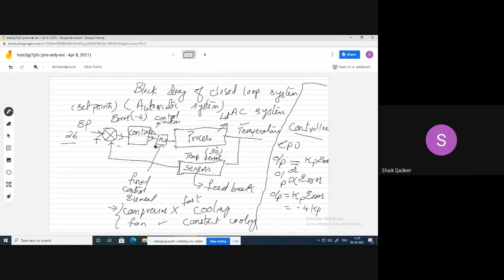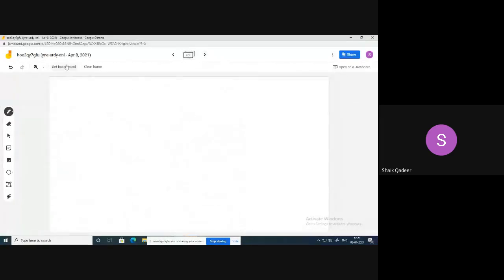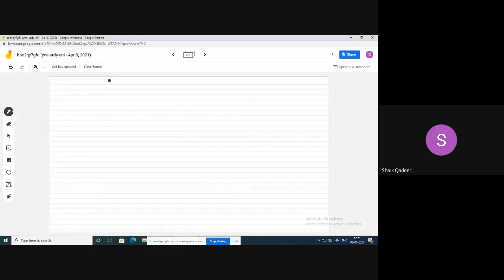Now, let us consider the part of this block diagram which is discussing our course. Can you guess? Our course name is Transducer Engineering.